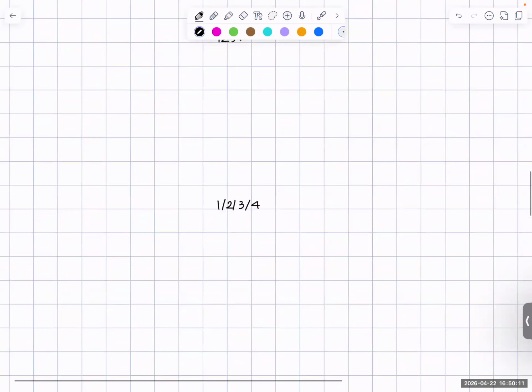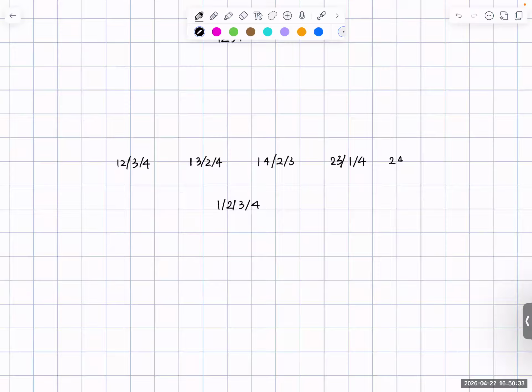And then the next level, and you can actually count, would be like this: 1, 2, 3, 4, 1, 3, 2, 4, 1, 4, 2, 3, 2, 3, 1, 4, 2, 4.